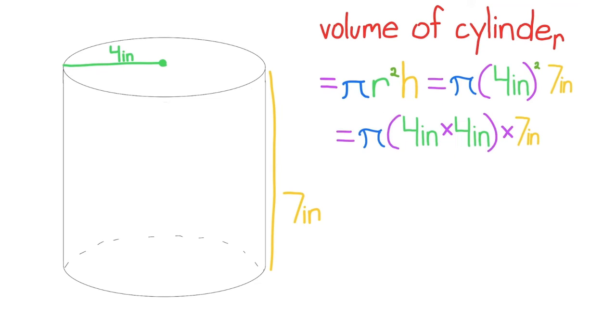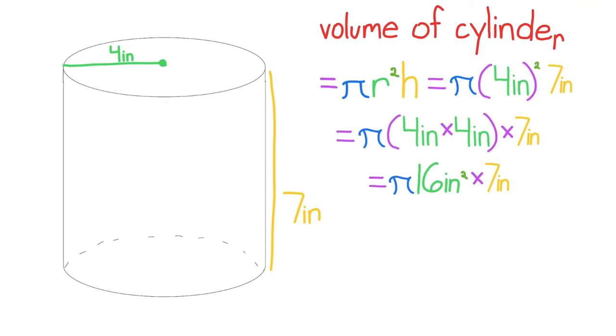So 4 times 4 equals 16. So now that we know that, let's put that in the new equation. So it equals pi 16 inches squared times 7 inches. Now let's solve 16 inches times 7 inches. Okay, so now see, as we multiplied a unit of measure by a unit of measure, we got a square.